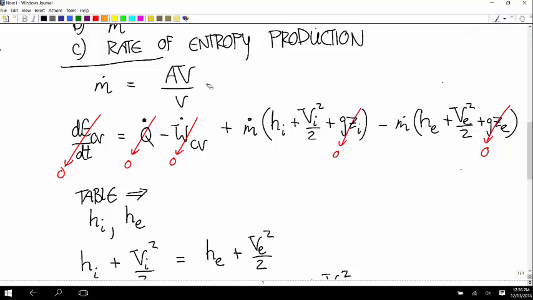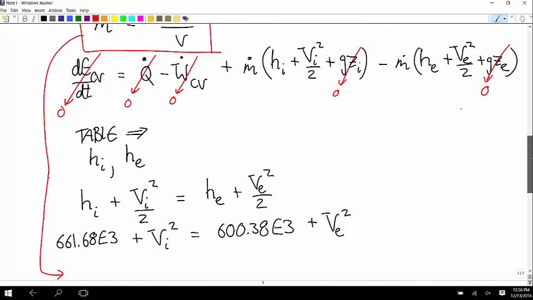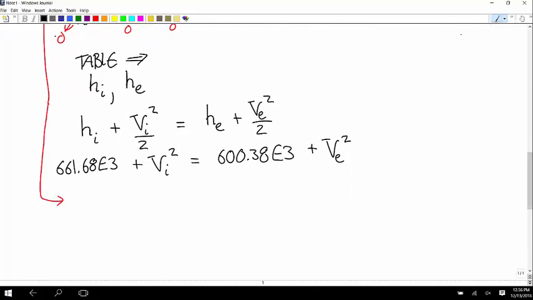Okay, so let's take this. And we know that m dot is equal to the area times the speed at the inlet divided by the specific volume at the inlet, and it's also equal to the same area times the speed at the exit divided by the specific volume at the exit.